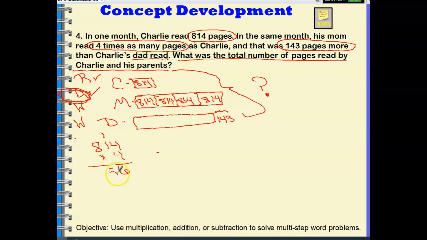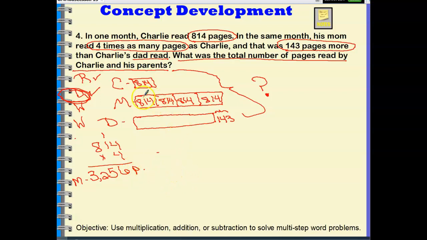So now I have 5 tens. And then 4 ones times 8 hundreds is going to be 32 hundreds. So Mom read, this is Mom, and she read 3,256 pages. And I'm going to put a P there to represent pages.